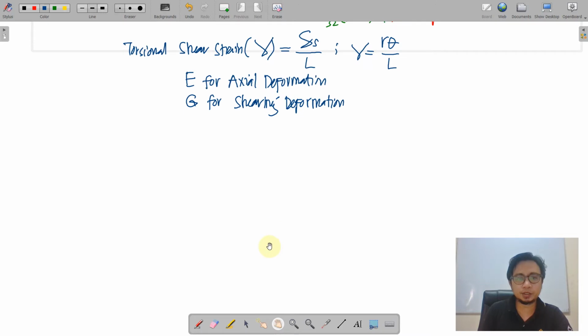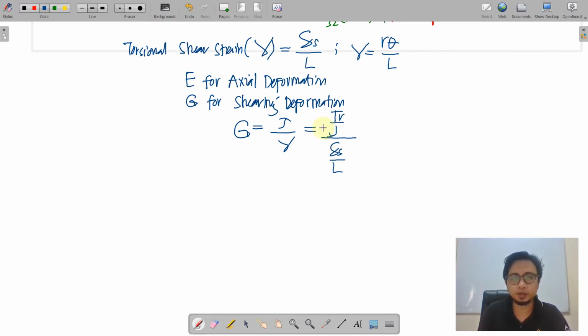Expanding this G into the formula, similar to E, we have G equal to shear stress all over shear strain. Then we expand the shearing stress and the shearing strain. The shearing stress is equal to TR over J. Expanding further, the strain is replaced by R theta all over L. So all of these are equal to G.